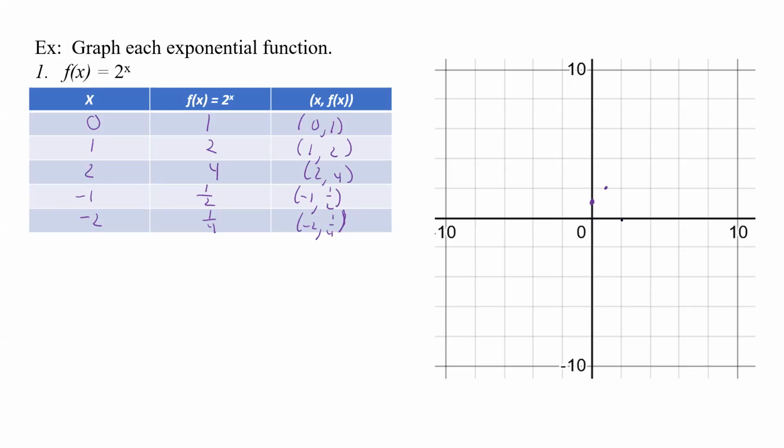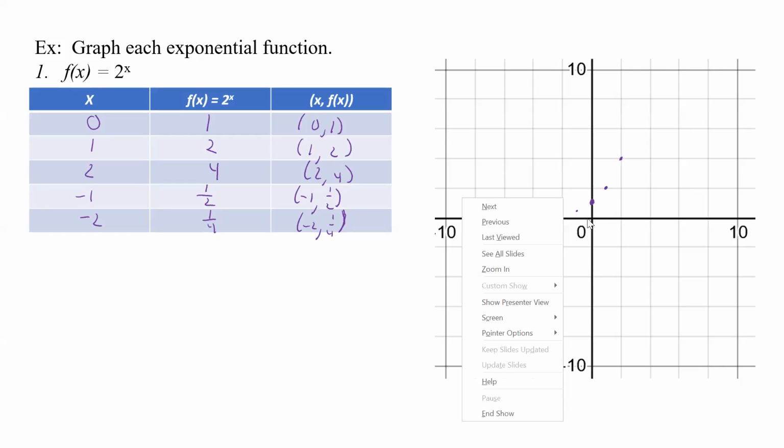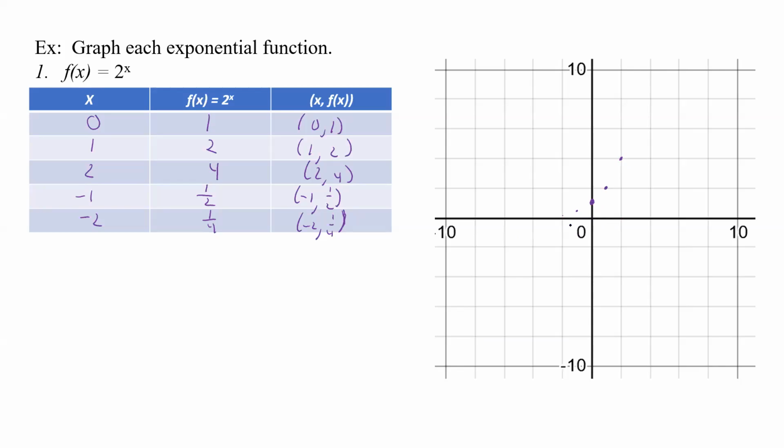And then we have 2, 4, so that's 2, and that's going to be 4. And then we have a -1, which is about here, and then a half, so it's about that area. And -2, 1/4, so that's about half of the half, and so that's about there. And so now we have some kind of a graph.